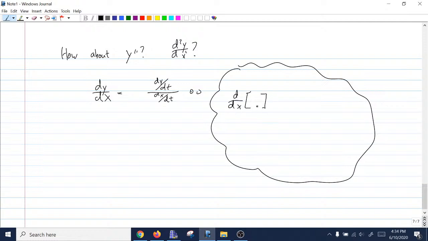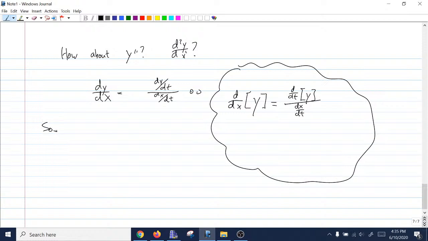To take the derivative with respect to x of y, the thing we wound up doing was taking the derivative with respect to t of y and dividing that by dx dt. This is the grown-up way of thinking about what this dy dx mnemonic device is telling us. The derivative with respect to x of y is its derivative with respect to t divided by dx dt.